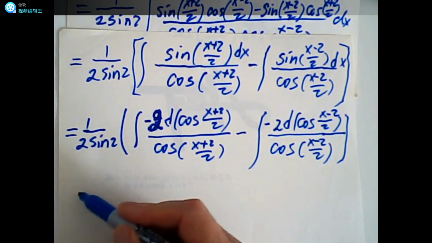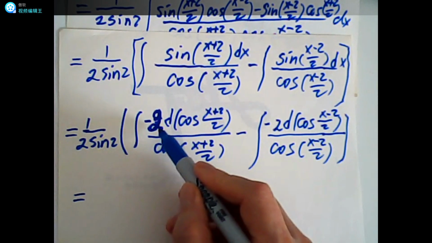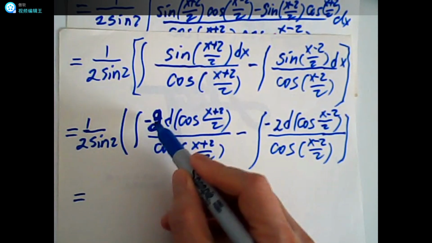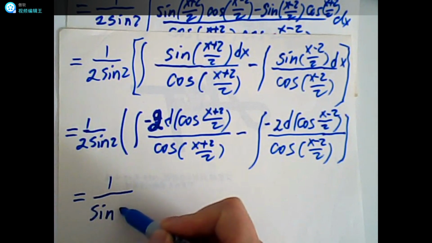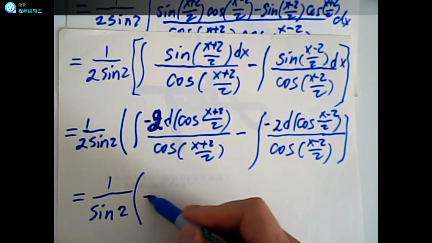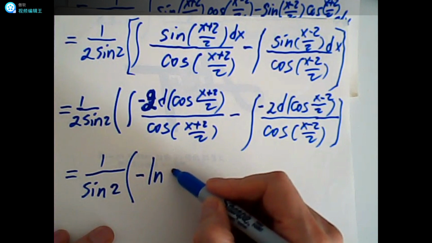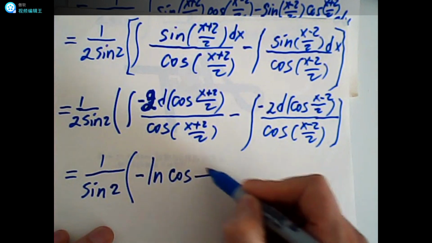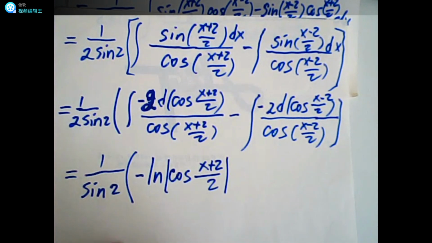Now it's very clear. This one times this one, this 2 cancels with the half, right? And this is sine 2 bracket. This is a negative log absolute value cosine (x plus 2)/2, right?